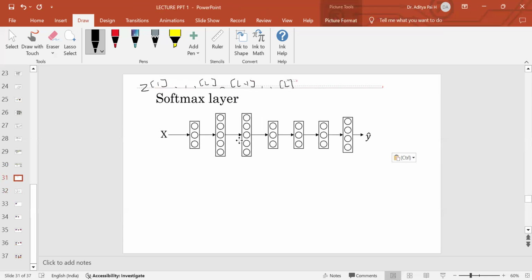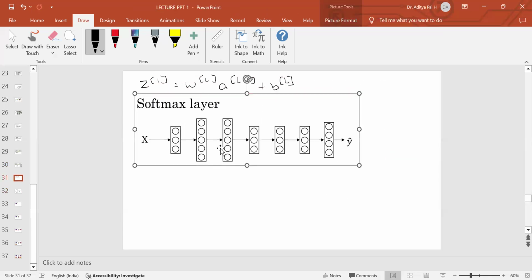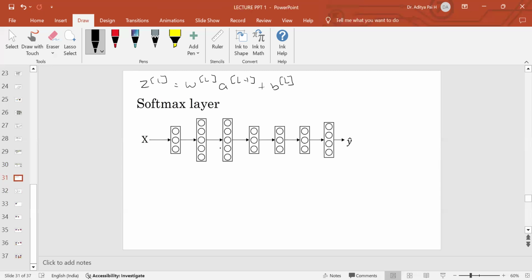This is my softmax layer. So how to calculate it? z of l is equal to w of l into a of l minus 1 plus b, where z of l is the final layer.